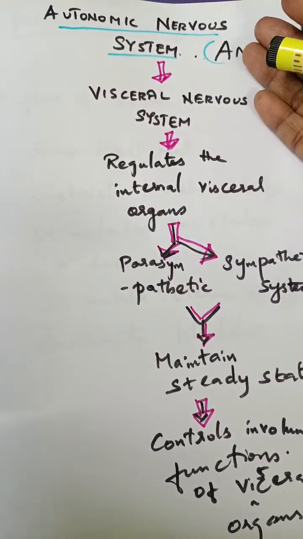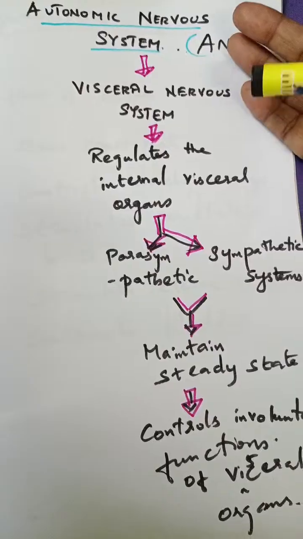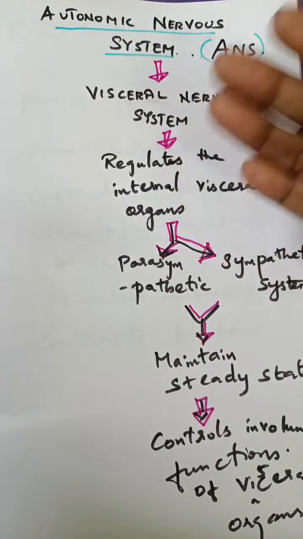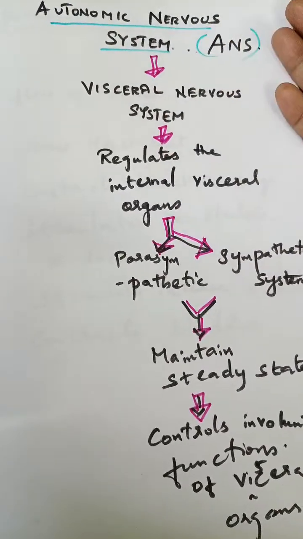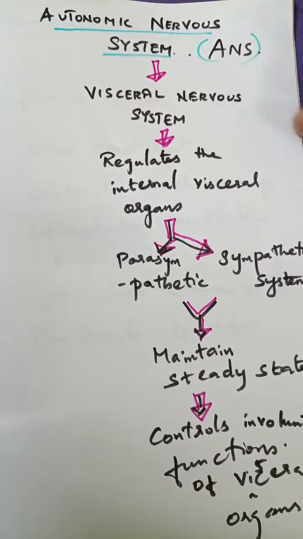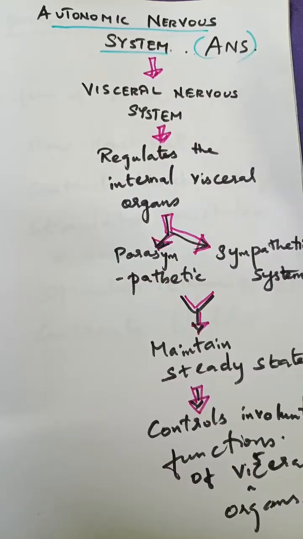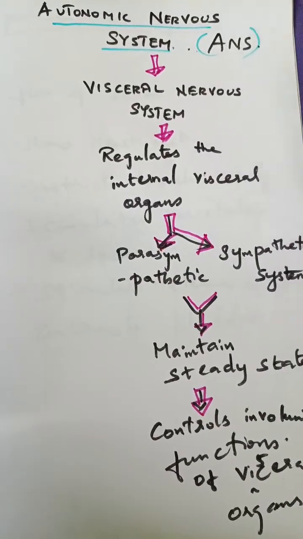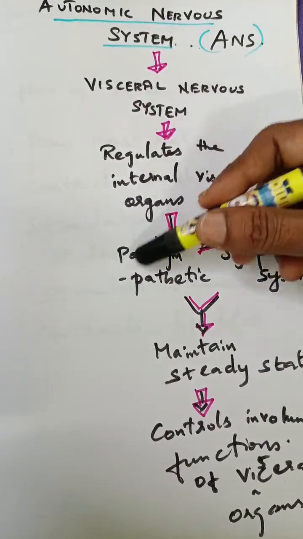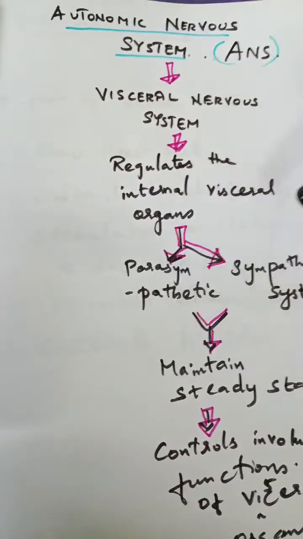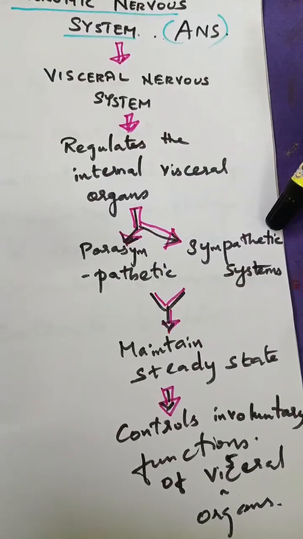This system regulates the internal organs, the visceral organs, and it consists of two antagonistic systems. Antagonistic means opposite to each other. They are the parasympathetic nerves and the sympathetic nerves.